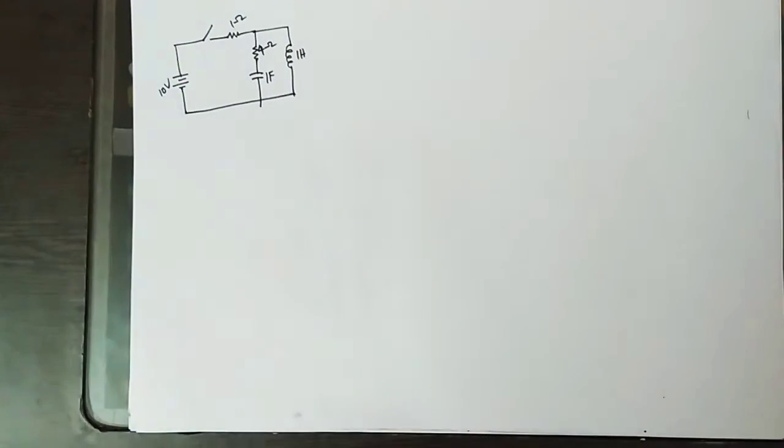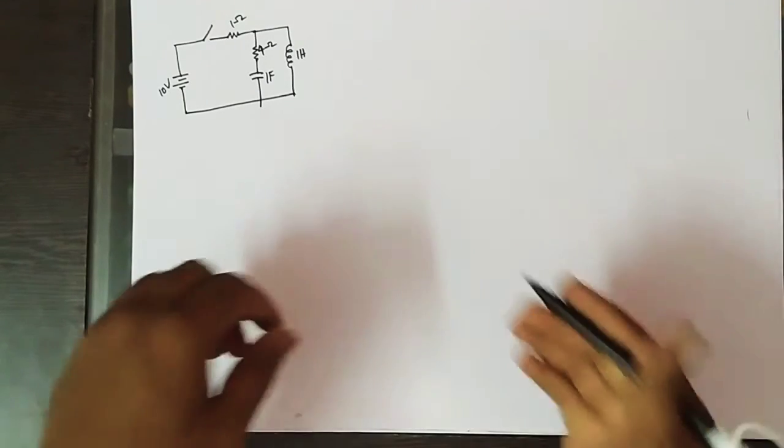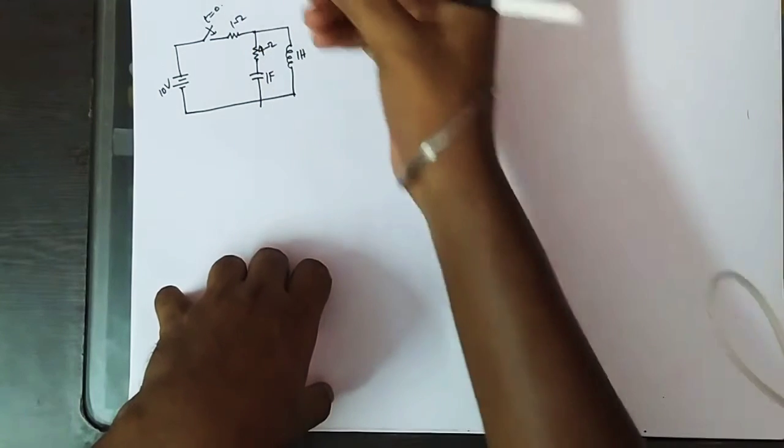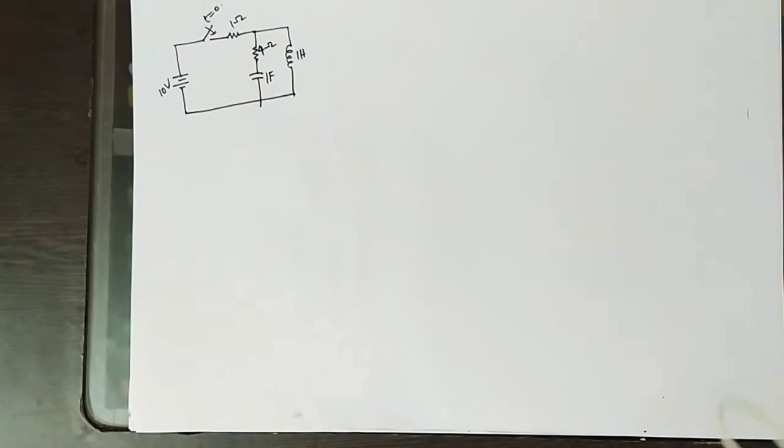Okay. Now, this is the circuit. The switch is operating at t equal to 0 plus. Now the questions, how they will be asked, I'll deal with the same for this circuit.